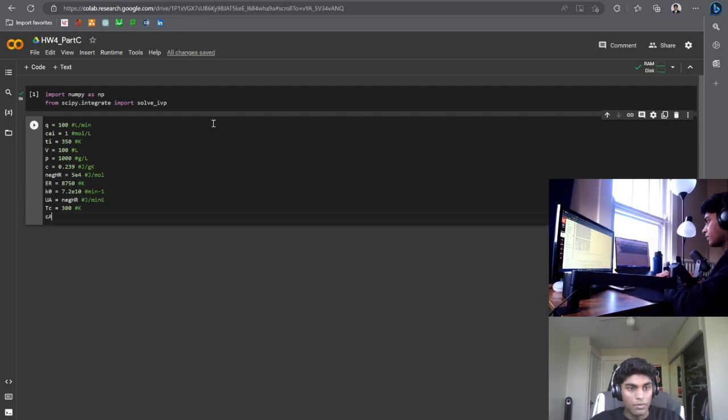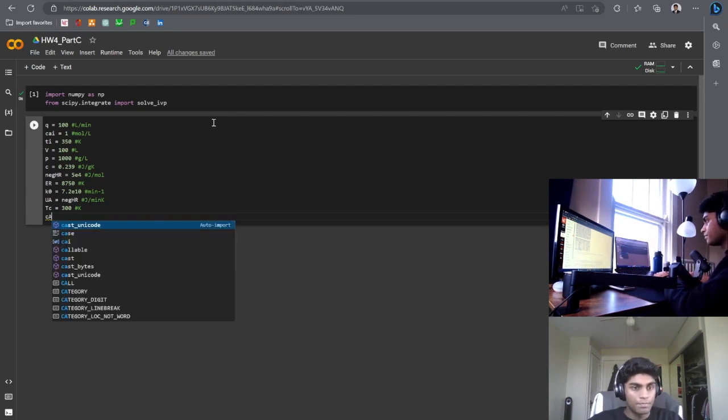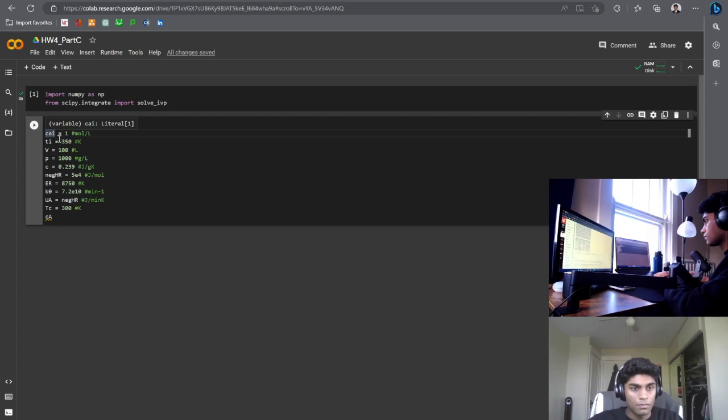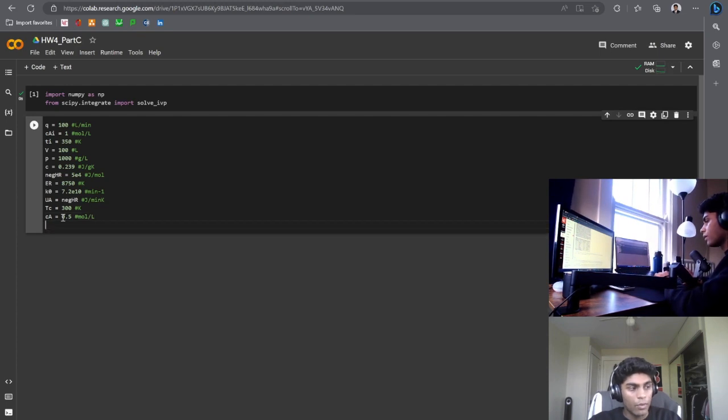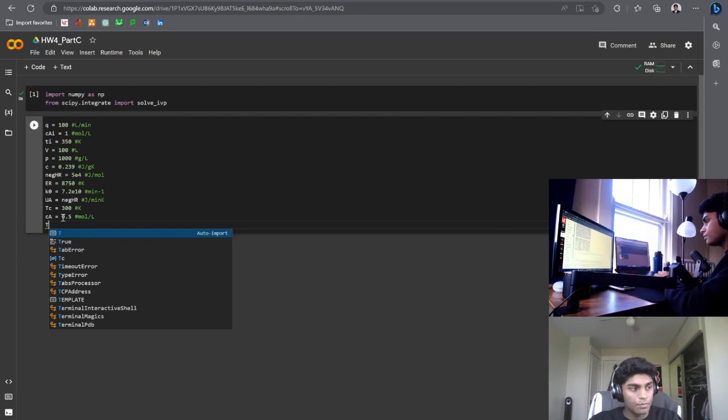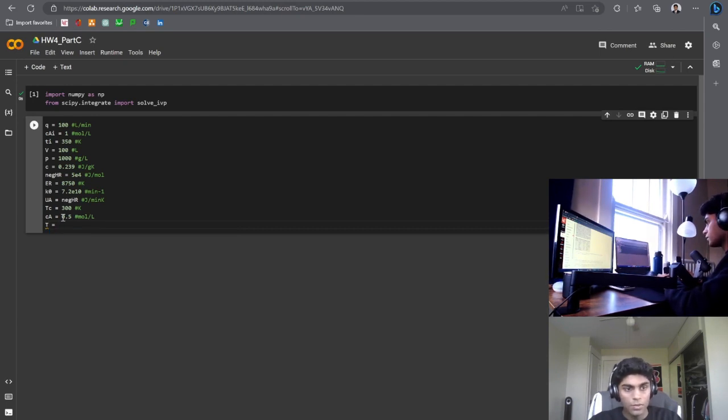Our concentration of A at time 0 is equal to 0.5 moles per liter. And our temperature at time 0 is equal to 350 Kelvin.